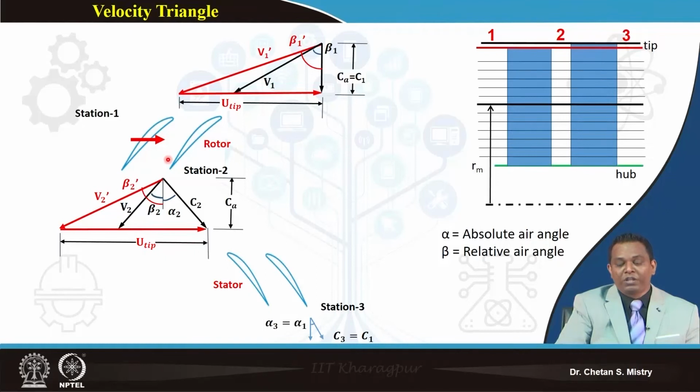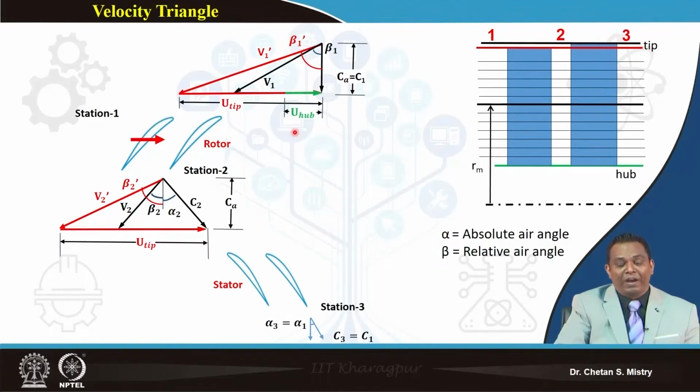Now suppose I consider the next station, this is my hub. We know my hub diameter is coming to be lower. Let me put in this case that this represents my hub peripheral speed.